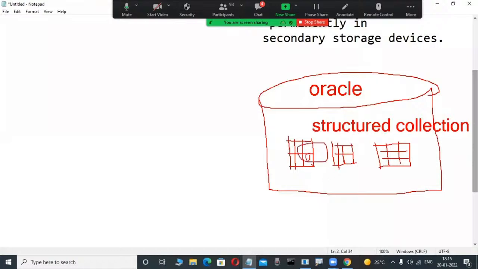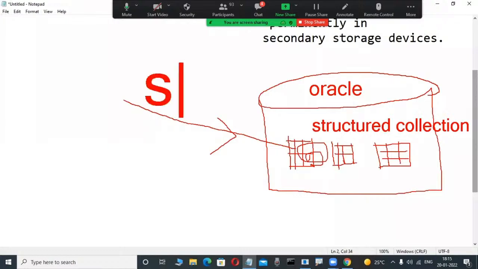Once a structured collection of data is there, to operate on this data some language is required. Maybe anybody has an idea? SQL, structured query language. Through this language only, we operate on the structured data in relational databases.